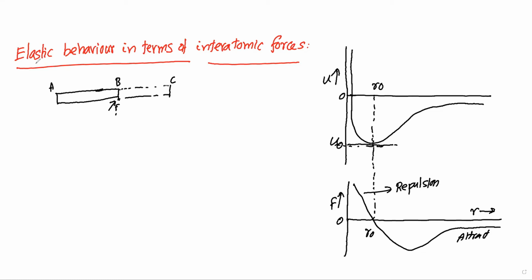Now we can learn elastic behavior in terms of interatomic forces. Take a rubber strip. Along its length, we can mark the points A and B. Apply the external force. What happens? The rubber strip will expand. Once the rubber strip expands, there is internal energy U, which we can call potential energy.